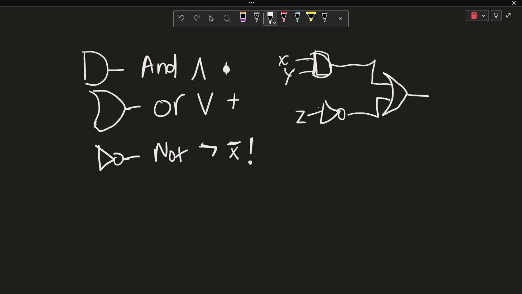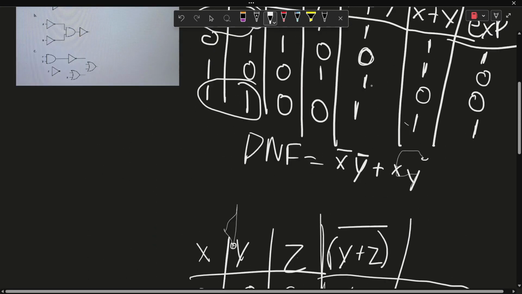You just follow the line. So an AND gate, you would have x, y, x and y, and the NOT gate when it comes through is just z not. So you just keep following lines. Then this one is an OR gate. So you would have x y, or z not. And that's pretty much 9A.